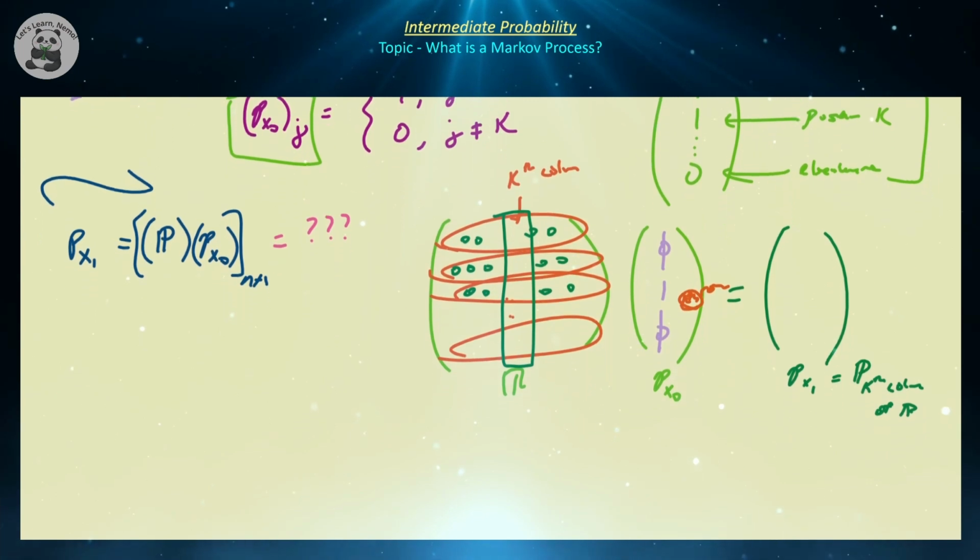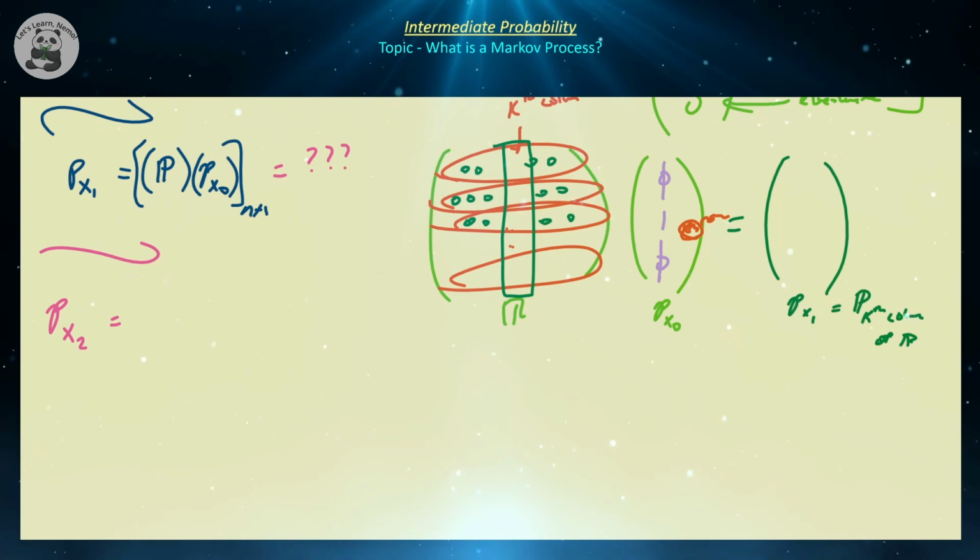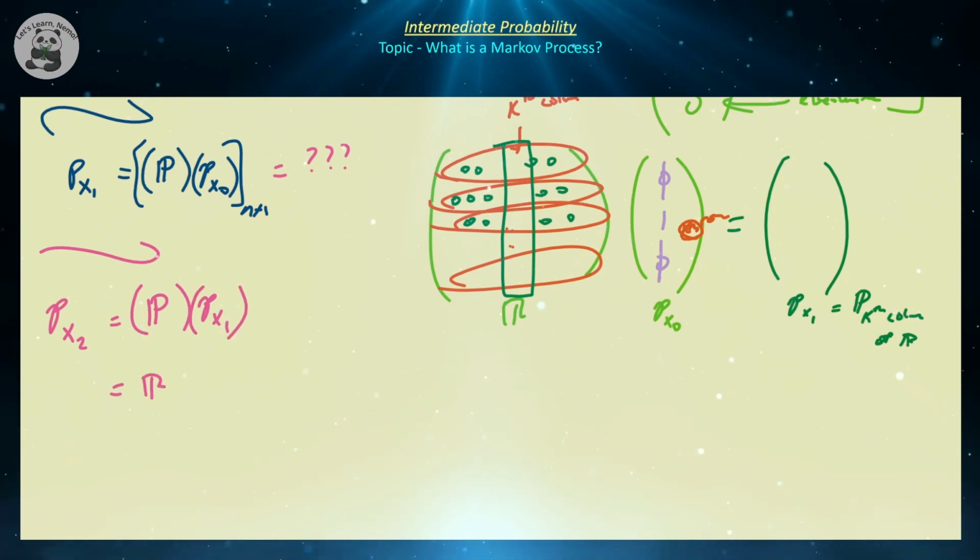The only non-trivial thing is the values, for example, px2, px3, and so on. So if we continue in this fashion, what would px2 be? By definition, if we consider a recursion, it's just our stochastic matrix P multiplied by px1. But what is px1? Well, px1 is P times px0.